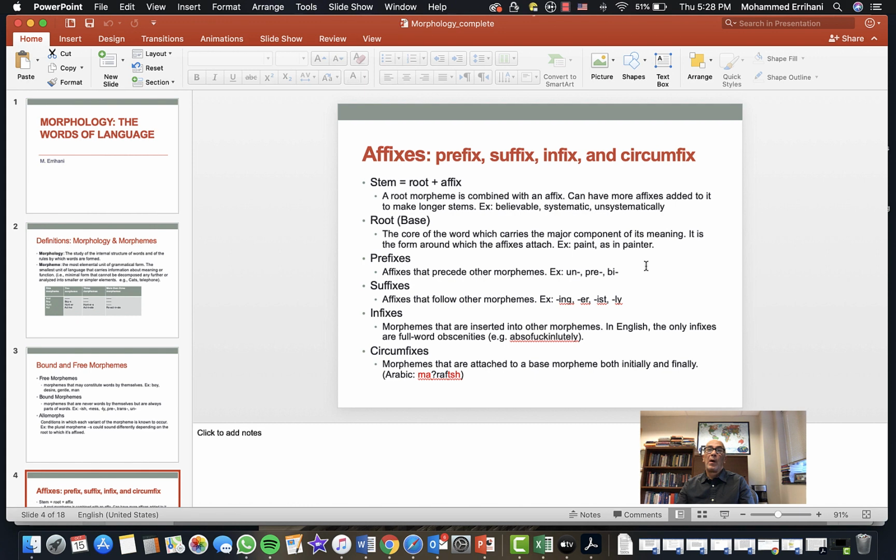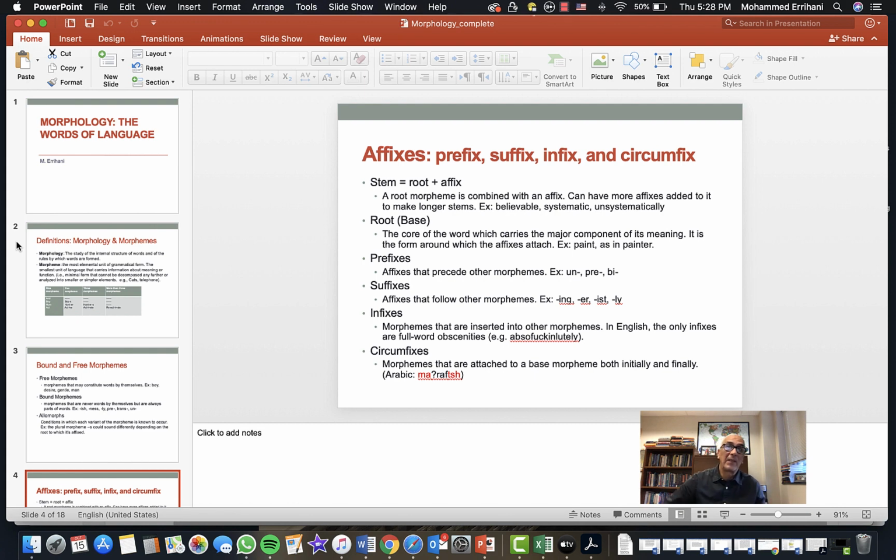So bound morphemes are basically what we call affixes. And affixes can be a prefix, a suffix, an infix or a circumfix. Now, as far as English is concerned, we don't have to worry about infixes and circumfixes. We only need to worry about a prefix and a suffix.